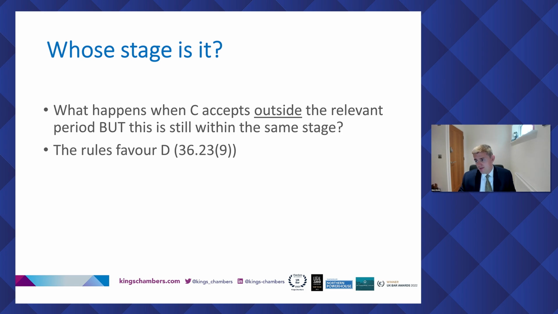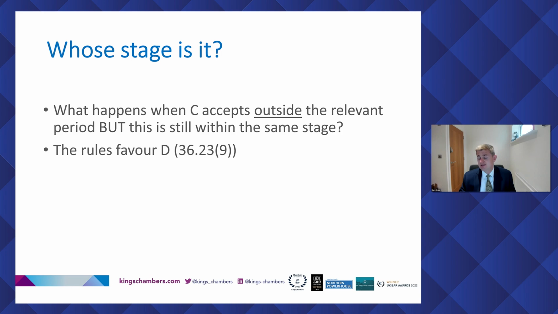The rules, as I put on the slide there, 36.23, favour the defendant in this instance, and it will be them that have that stage, and in effect, the claimant will be bumped down to the previous stage. So the rules that I put on the slide favour the defendant. Again, I said at the outset that I see these new provisions in terms of intermediate track not being a dramatic overhaul of the Part 36 regime.